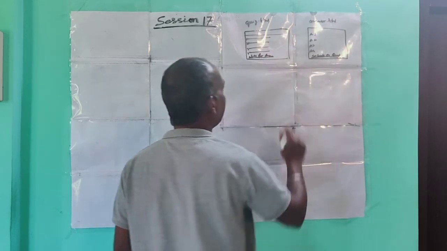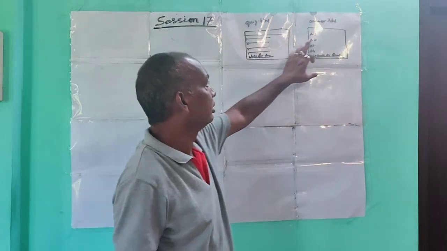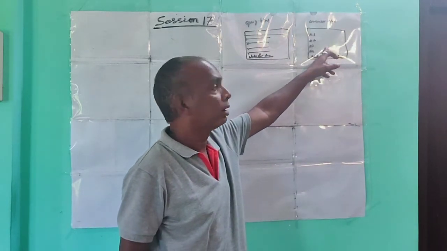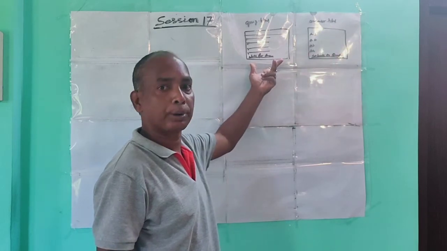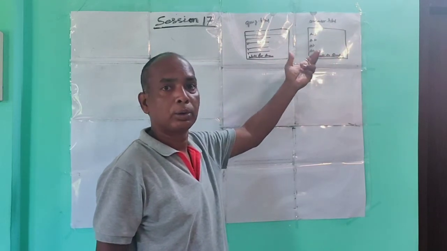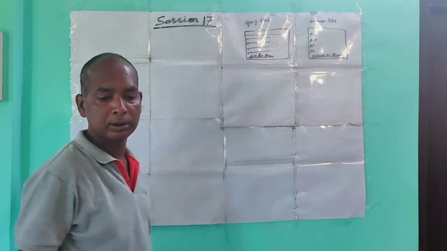These are two links. If you click it here, this page will open. If you click it here, then this page will open. So for that, we have to create two notepads.